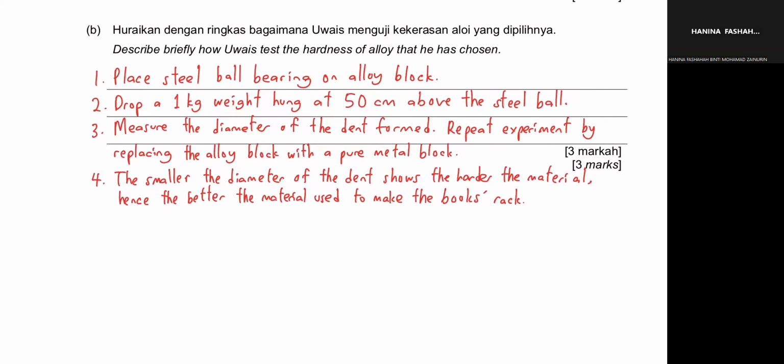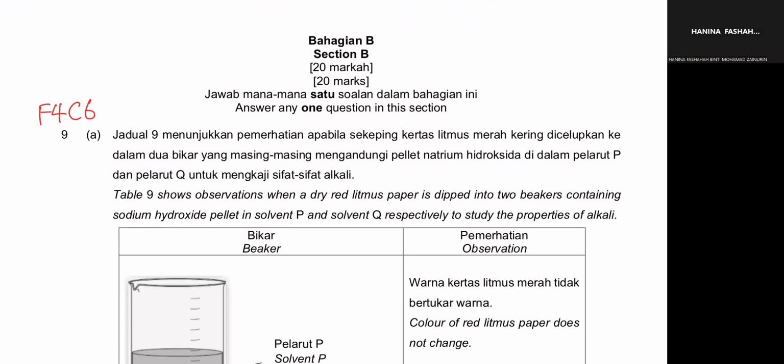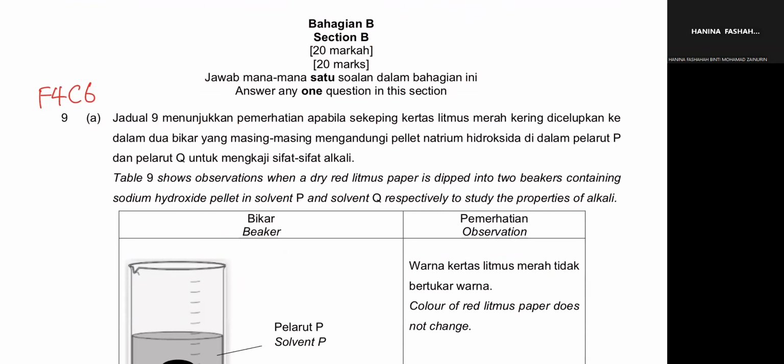Okay, so question 9. Question 8 from chapter 6. This one is basically they want to test out acid and alkali. This is related to the beginning of chapter 6, the role of water in acid and alkali.